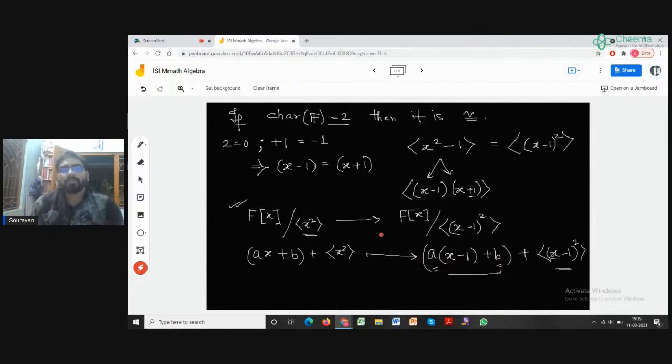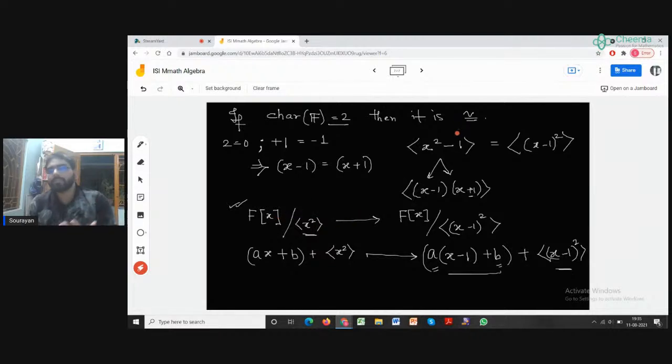So the interesting fact here is that you can try to understand it from a geometric point of view as well. So suppose, let's just assume for now, what is F[x] modulo x square.